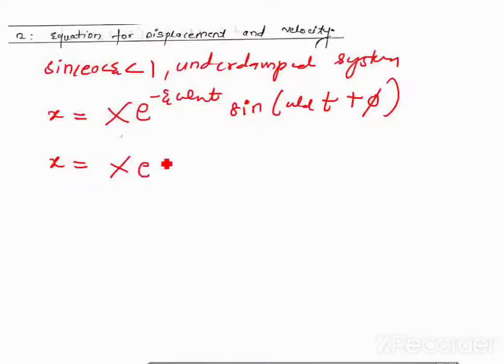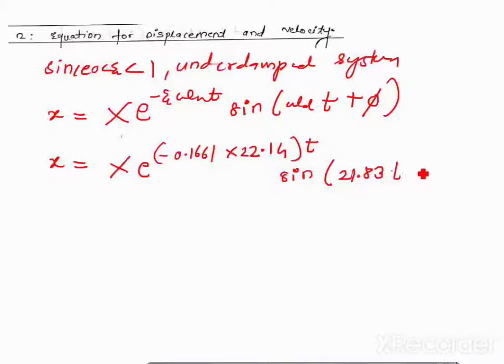First of all, before applying the initial conditions, let's put in the values. X is equal to e raised to minus zeta, which is 0.1661, into 22.14, which is omega n, into t, into sine of omega d, which I have already calculated as 21.83, into t plus phi, because till now I don't know phi.